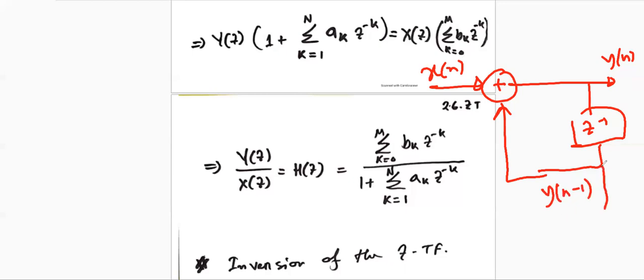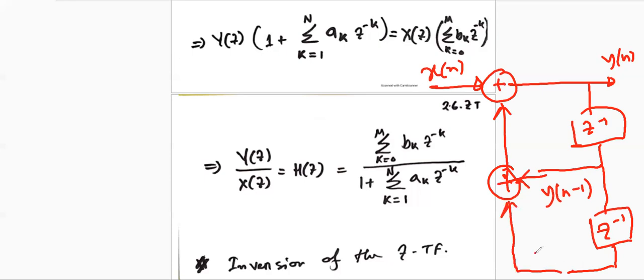It might happen that you need another delay, so a double delay of your output, and that can be written like this. Let's say here is the plus, so it looks like this, and this is y[n-2] according to the structure. We have already talked about this structure.